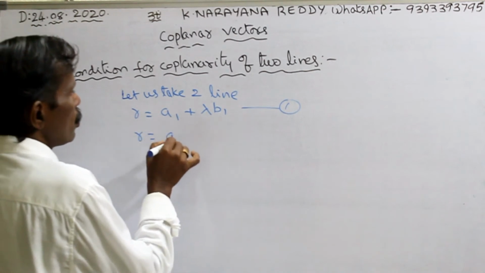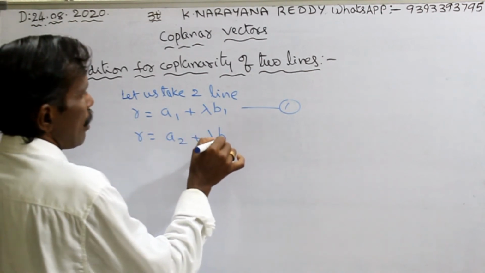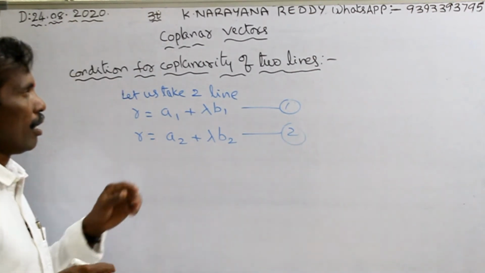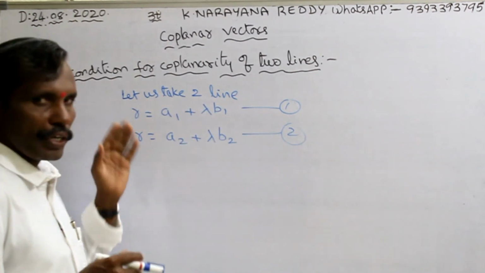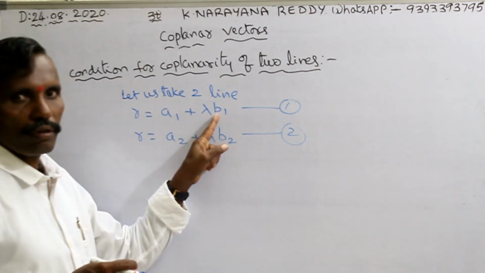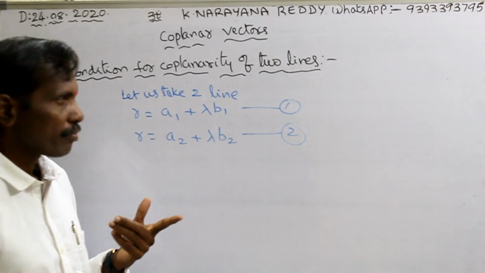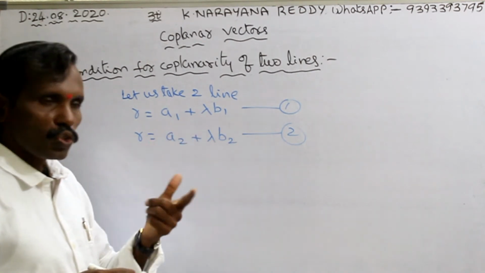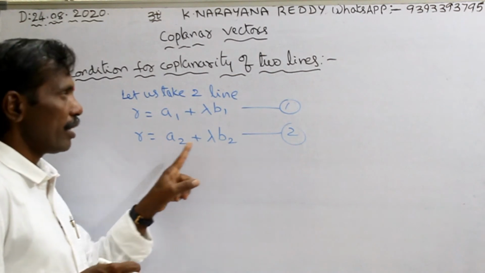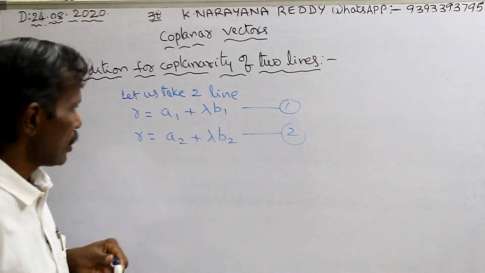R equals A2 plus lambda V2, that is number 2. Please observe here. Line 1 is passing through the point A, having position vector A1 and parallel to B1. Next one, line 2 is passing through the point B, having position vector A2 and parallel to B2.